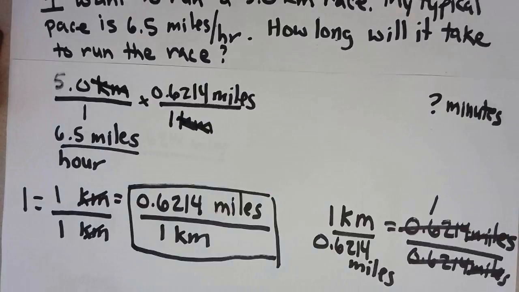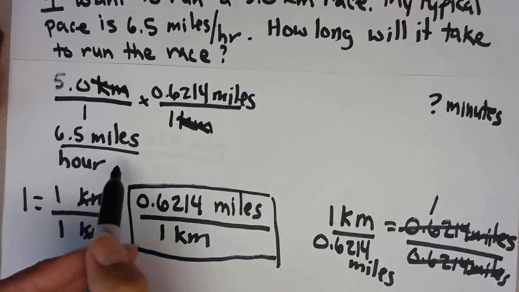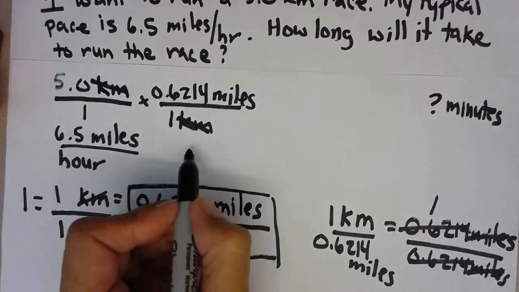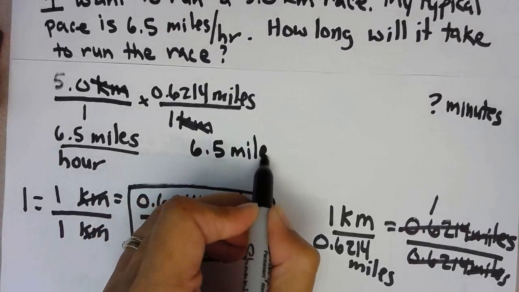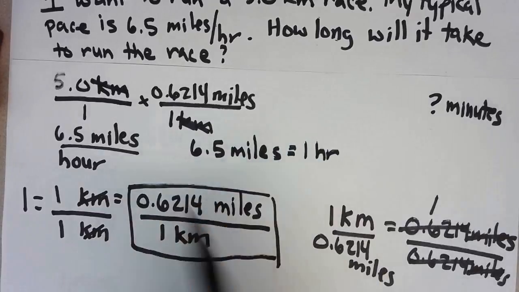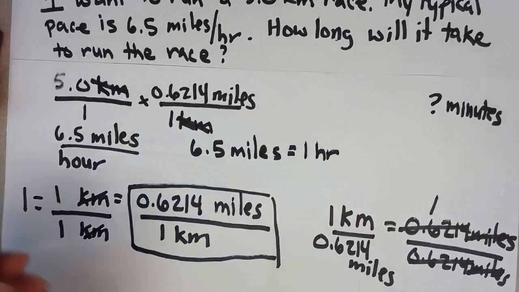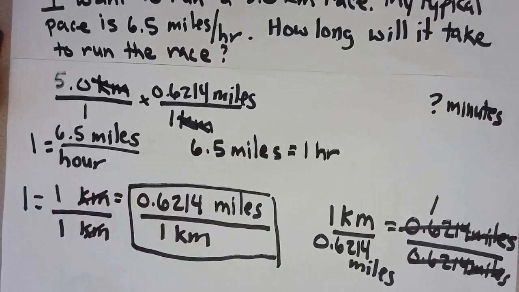But I'm not done. I want to go from miles to minutes. I currently have 6.5 miles per hour. Notice that this could have come from an equivalency similar to the ones we just wrote: 6.5 miles equals 1 hour. Notice it is like we said this equation equals 1, and I multiplied both sides by 1 hour.